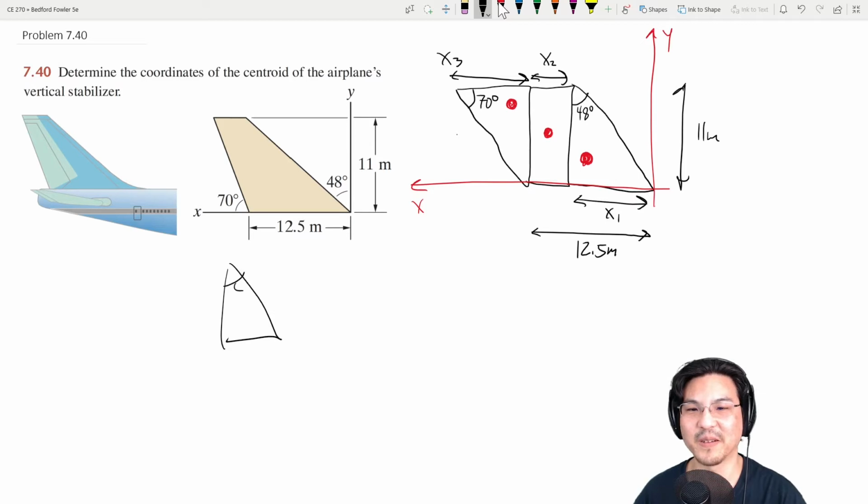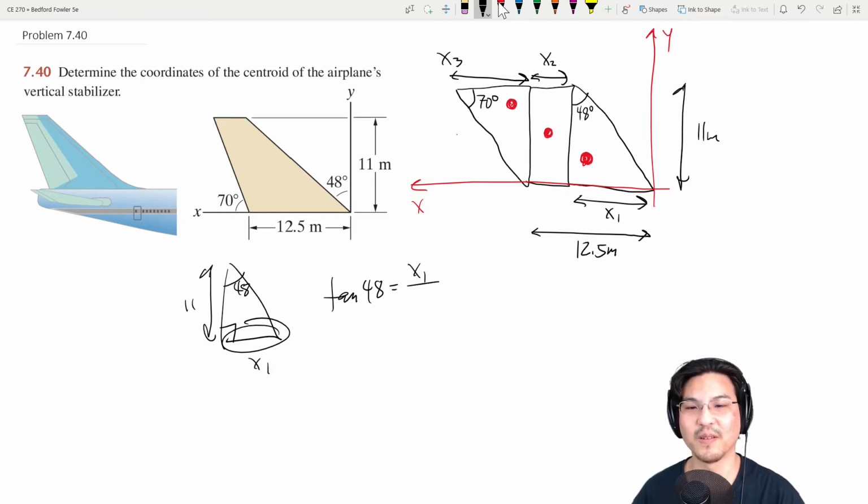So we know this angle here is 48. And we know this. And what is this? Tangent 48 is opposite over adjacent. So that means x1 has got to be 11 tangent 48. Okay, so we got that triangle figured out.